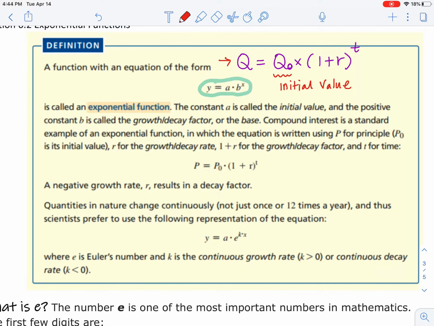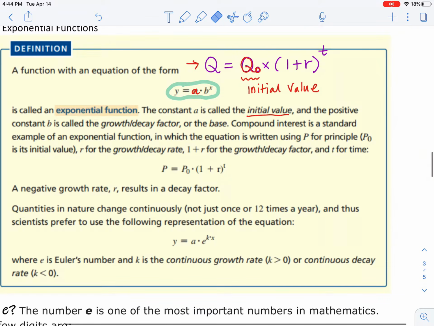You notice that the one that we used is very similar to that, just with different symbols. But this is called an exponential function. The constant a is called the initial value, and a is the number that we're multiplying, right? And in our case, on example 1 and 2, that was simply Q naught. That's the initial value. And the positive constant b is called the growth or decay factor.